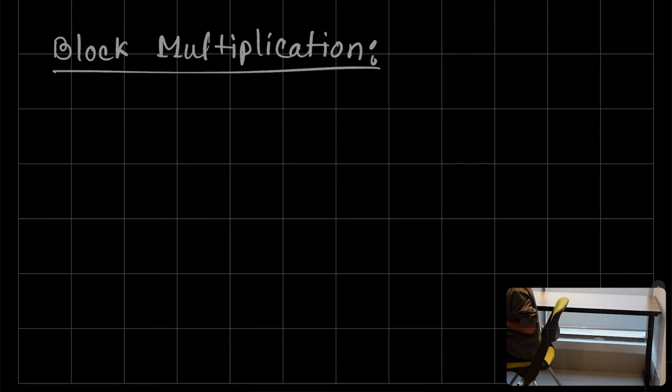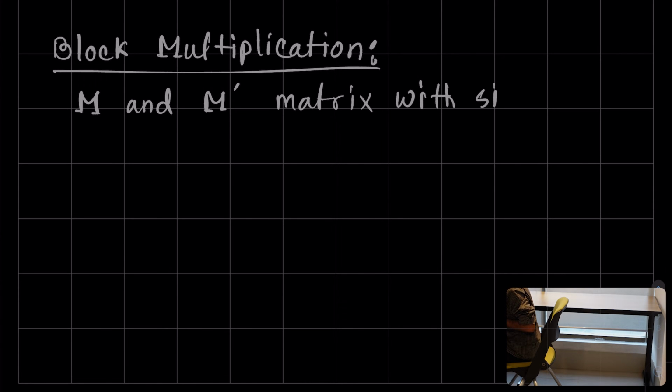For that, let us consider the matrix M and the matrix M prime, with dimensions M cross N and N cross P respectively.